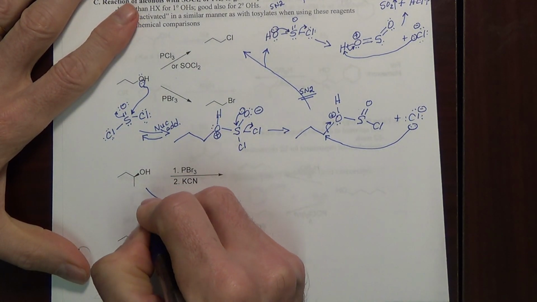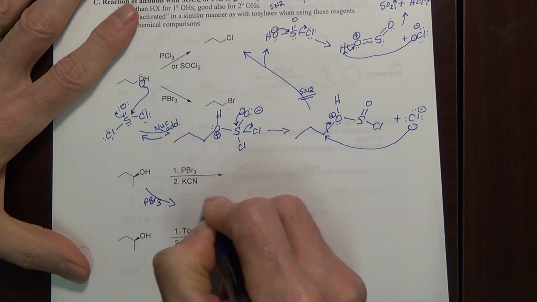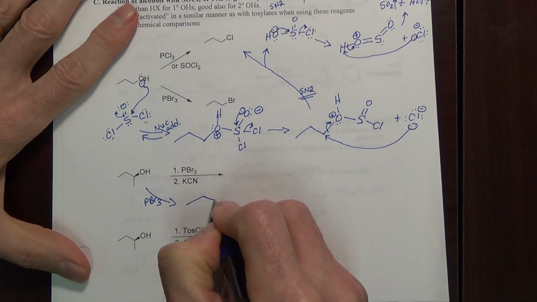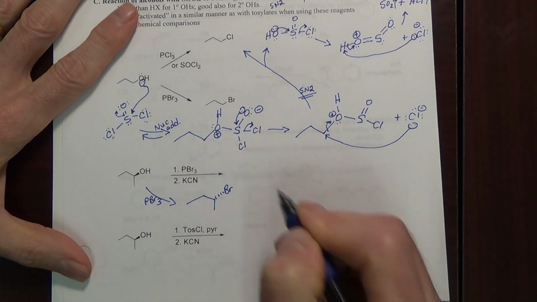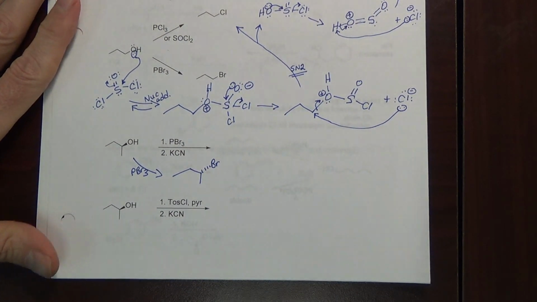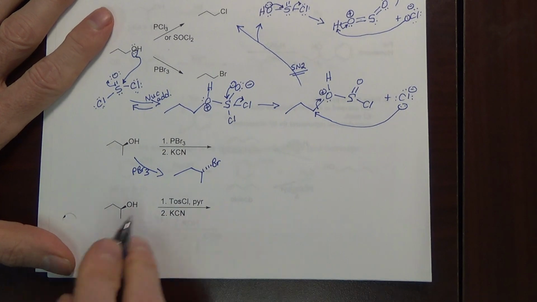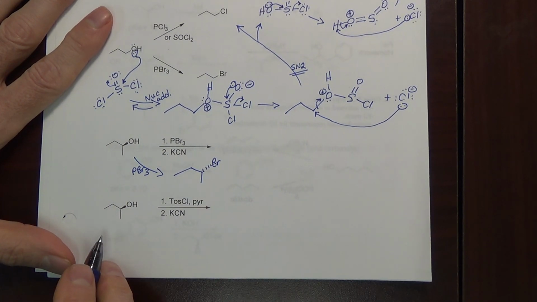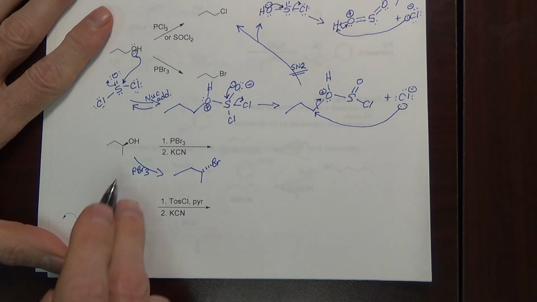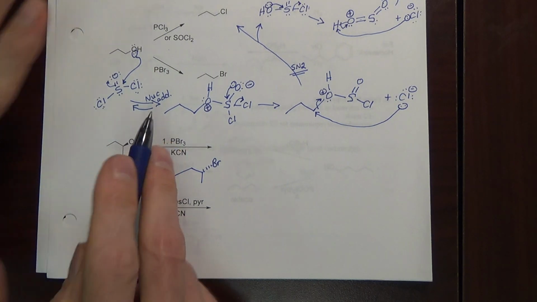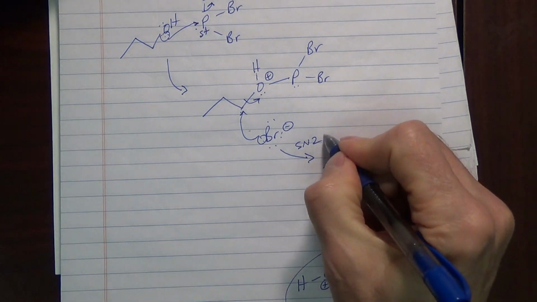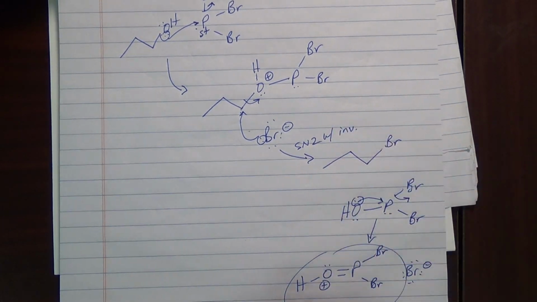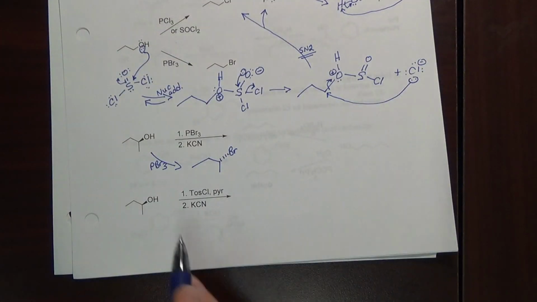So with PBr3, we should end up with actually that alkyl bromide. All right. The OH becomes activated. Then the bromine attacks backside SN2 with inversion, right?